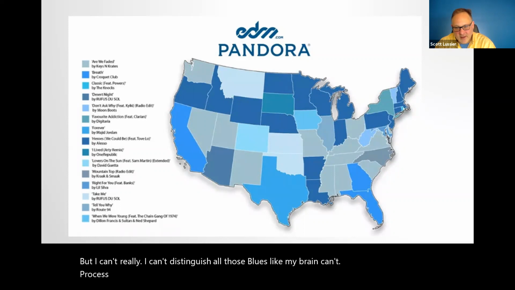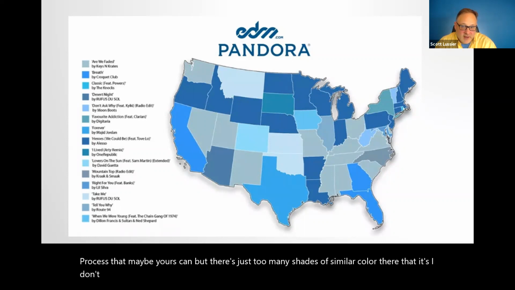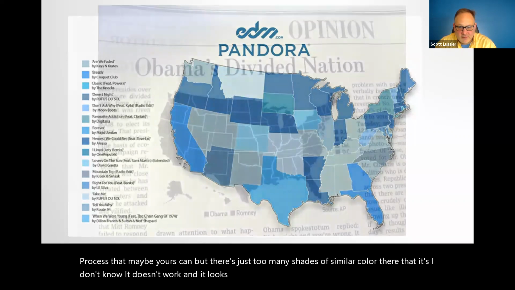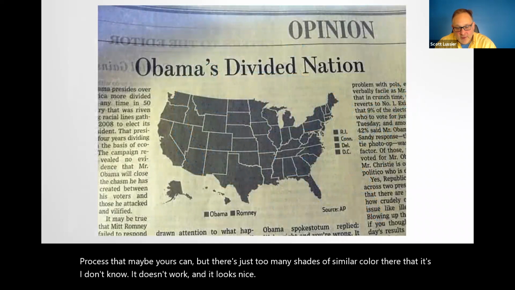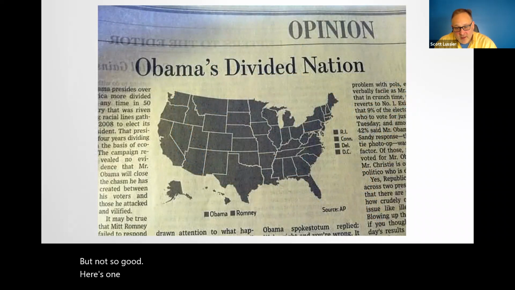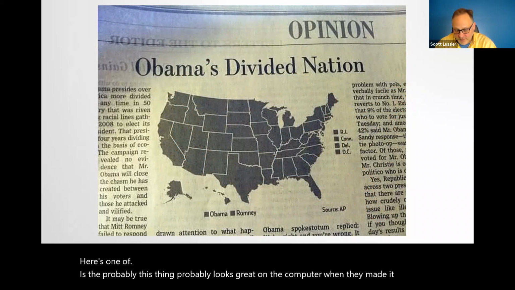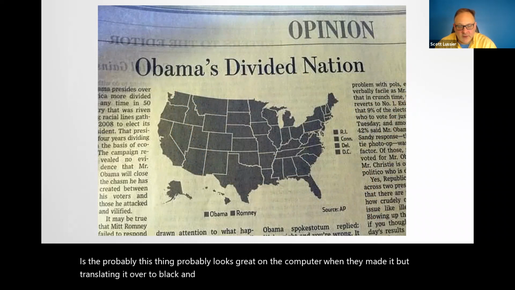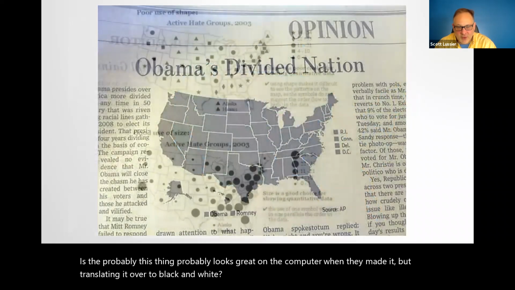Maybe yours can, but there's just too many shades of a similar color there. It doesn't work. I mean, it looks nice, but not so good. Here's one that I guess probably looks great on the computer when they made it, but translating it over to black and white, kind of missed the boat there.